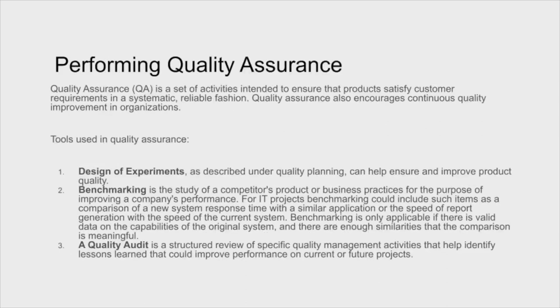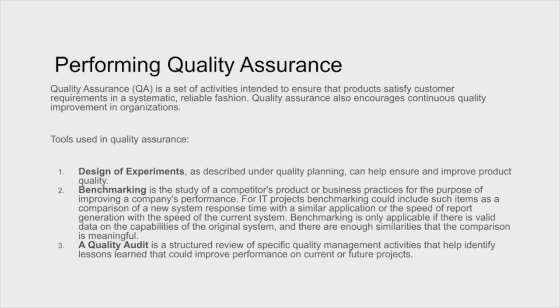Now, I've already mentioned experiments and how we can use them to determine a level of quality that should be desired in a project, but there are other tools that are used to determine quality assurance as well. One is called benchmarking. What benchmarking does is it looks at our product relative to everyone else's. It sets a standard to figure out where we are in terms of quality, usability, cost, all these types of factors.